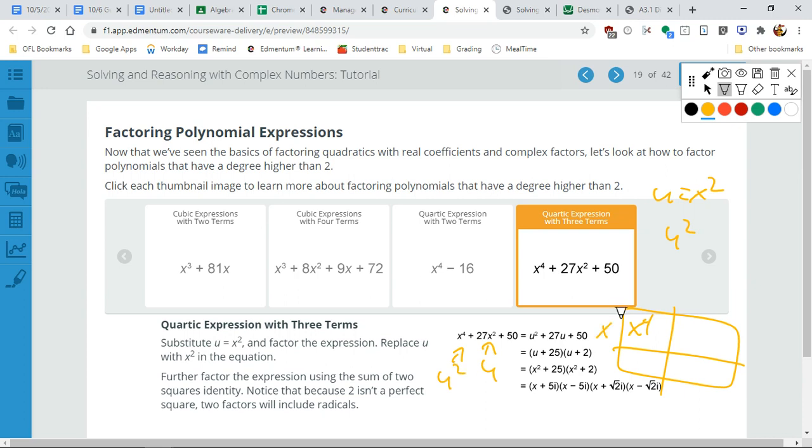If you use the box method, I think it's a lot easier to understand. So it's up to you, whichever way you want to do it. U substitution is interesting. I used to use it a lot, but after a while, you just recognize the pattern. So use this if you really want to get rid of this x to the fourth.